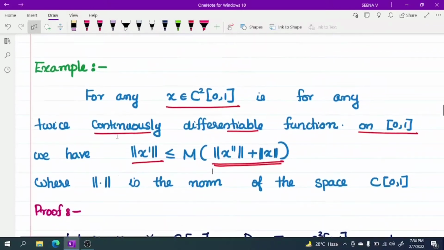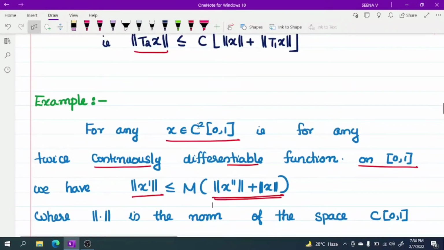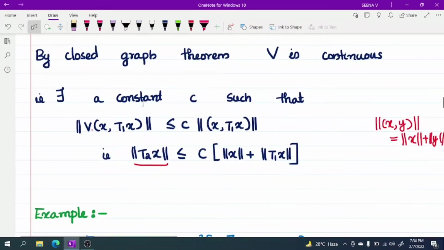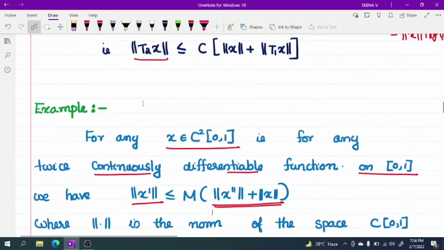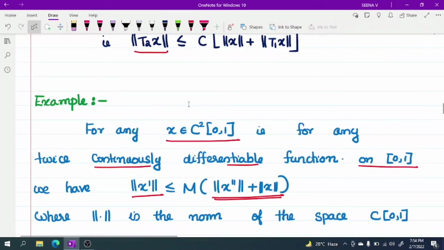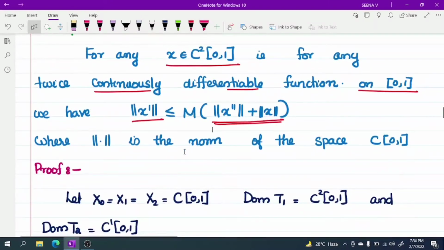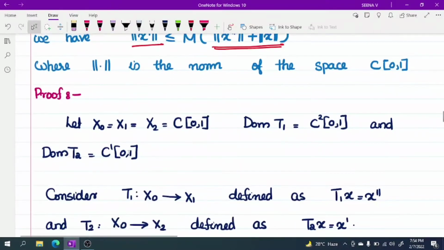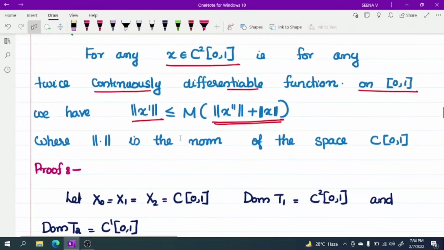So we are applying this result, theorem 6.3.4, for the set C2[0, 1]. Here we are choosing X0, X1, X2 as C[0, 1].